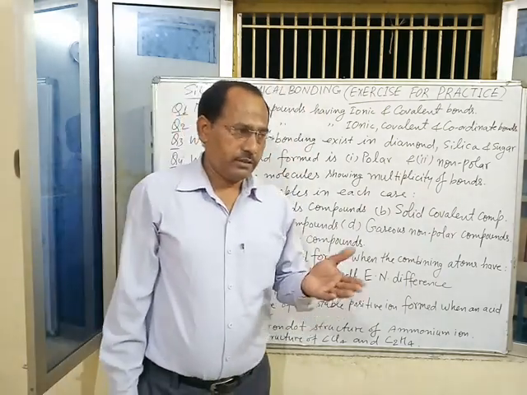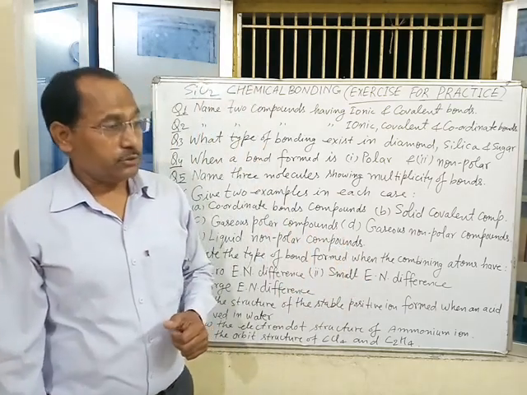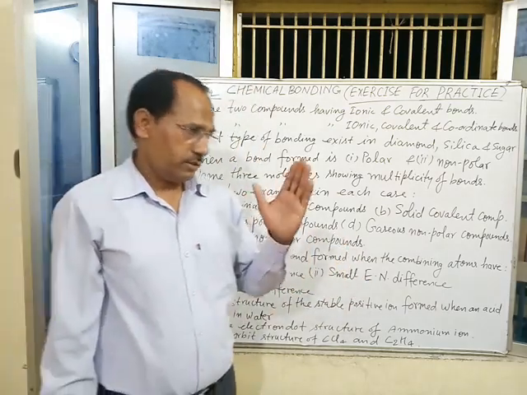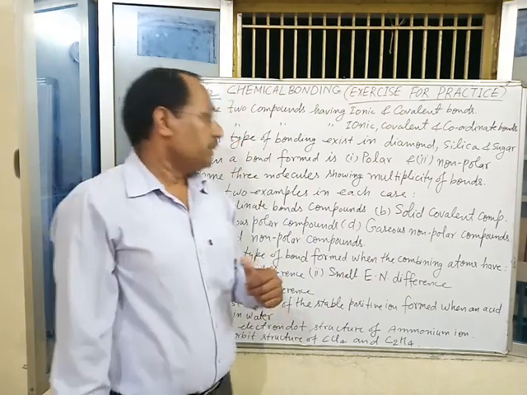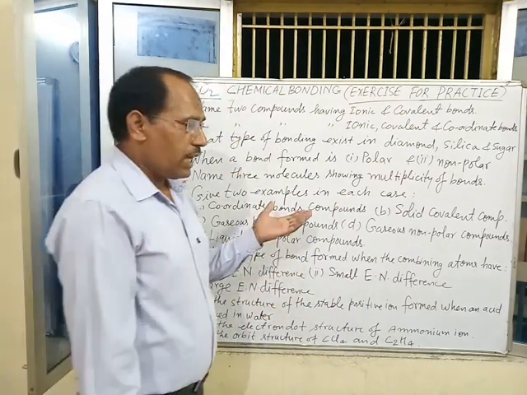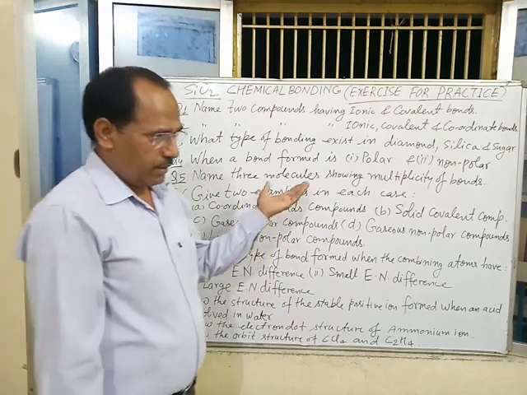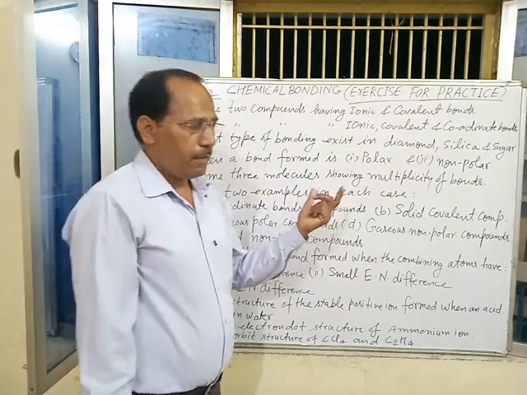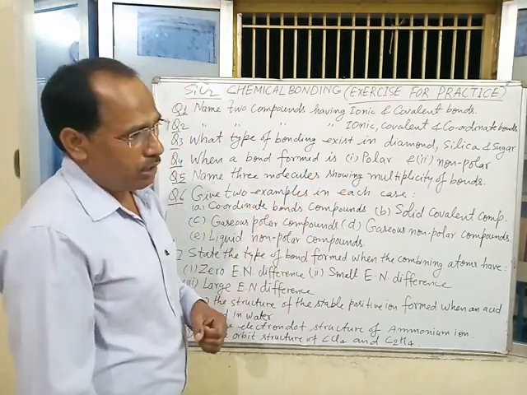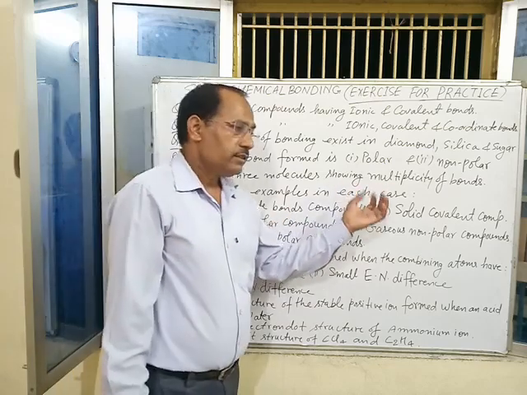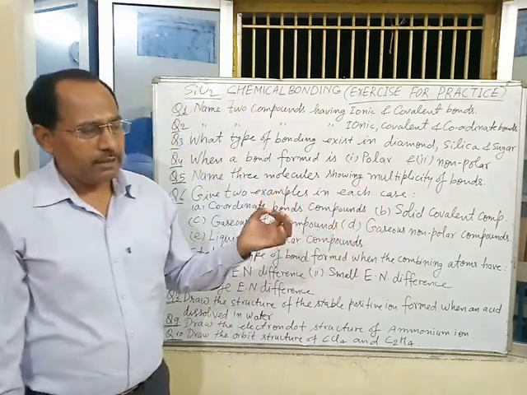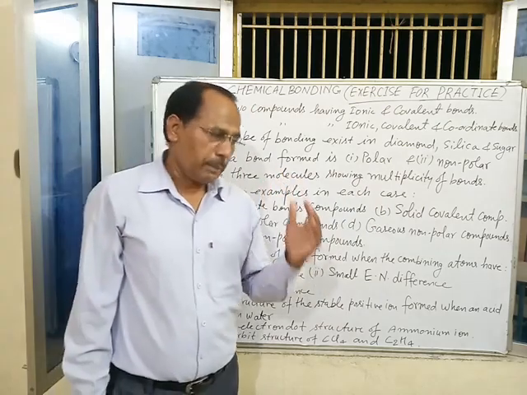C2H4 in which C=C double bond is present. C2H2 in which C≡C triple bond is present. These are the compounds which have multiplicity of bond. O2 is also a molecule which has a double bond, meaning multiplicity of bond. Multiplicity of bond means compounds containing double or triple bond.